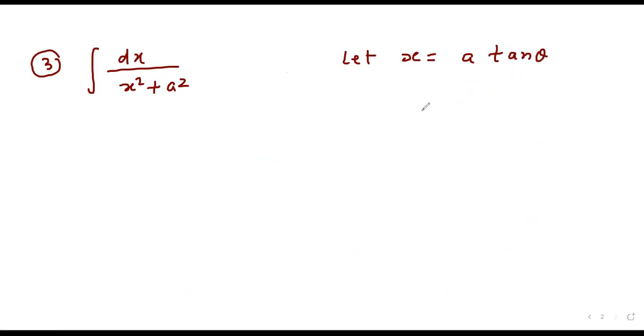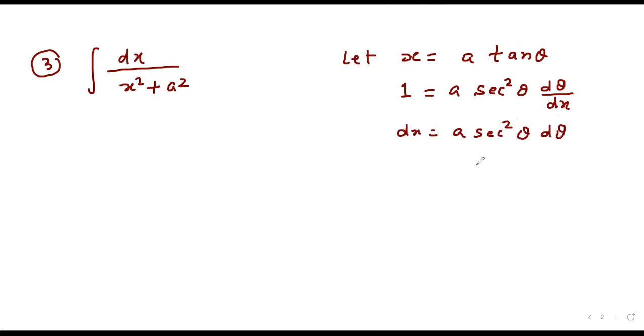So if we differentiate it, it will become 1 equal to a sec square theta d theta divided by dx, or dx becomes a sec square theta d theta. So we replace these values here.